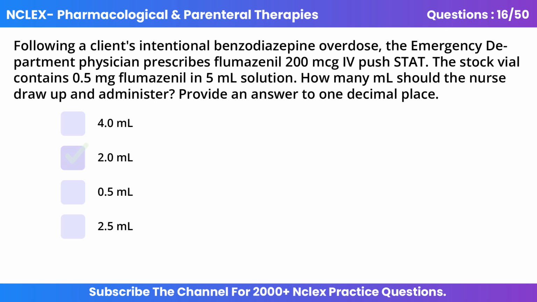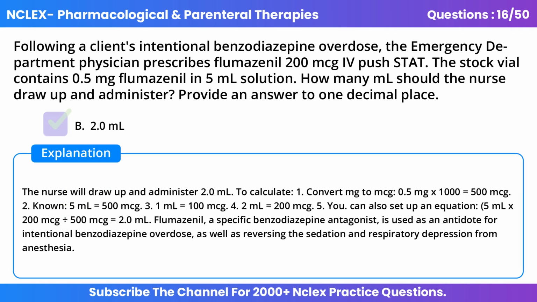B. 2.0 milliliters. The nurse will draw up and administer 2.0 milliliters. To calculate: 1. Convert milligram to mcg, 0.5 milligrams x 1000 is equal to 500 mcg. 2.